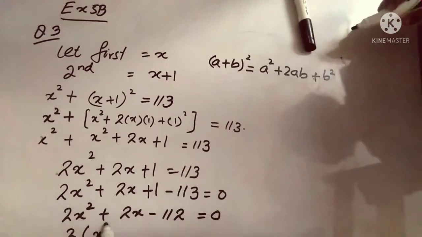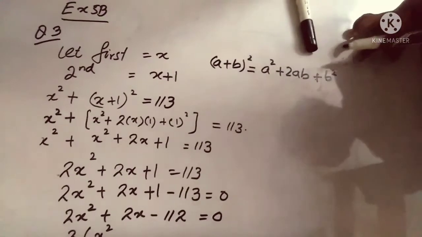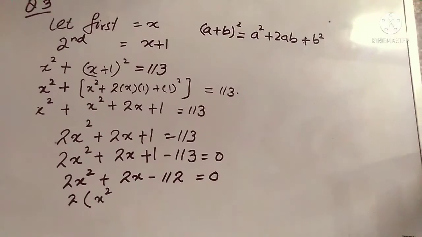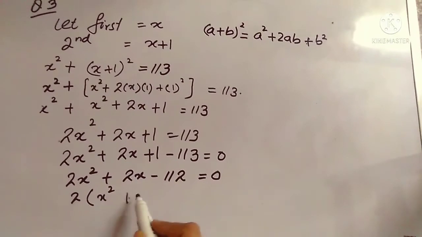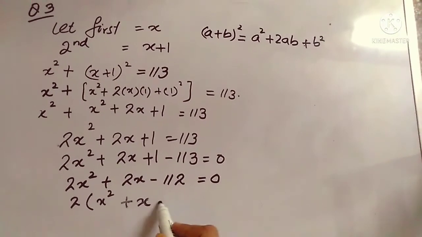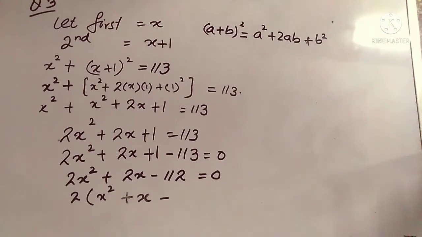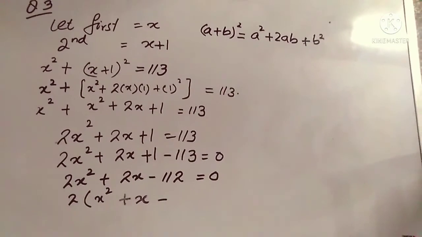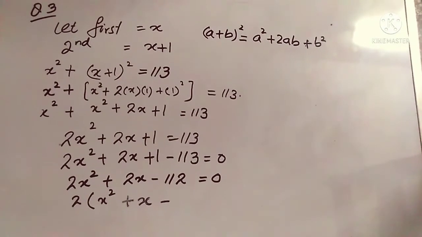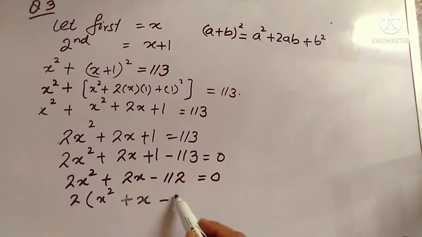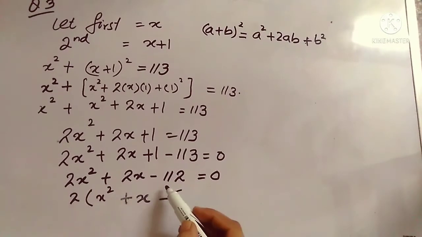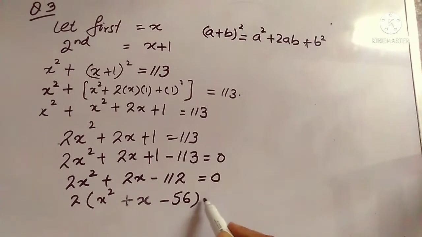So 2x square plus x minus, and now you can see that 2 5s are 10 and 2 6s are 12, so 56, is equal to 0.